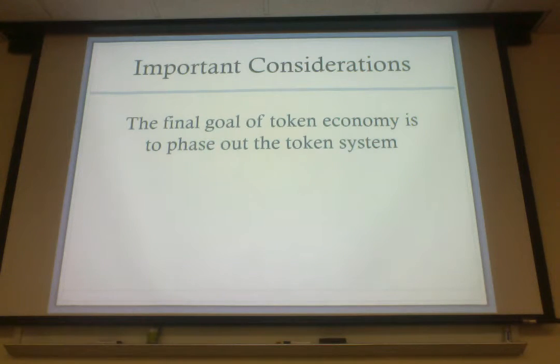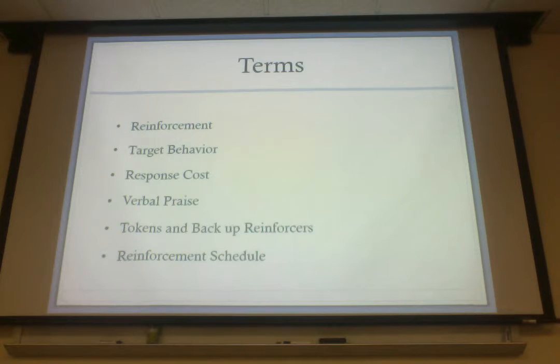We want to gradually stop giving them tokens every single time they do these awesome behaviors and just praise them, so that they get a sort of intrinsic motivation for doing these behaviors, because you're giving them social positive reinforcement for doing it. Here are the terms we talked about, and then we have a short video to show you.